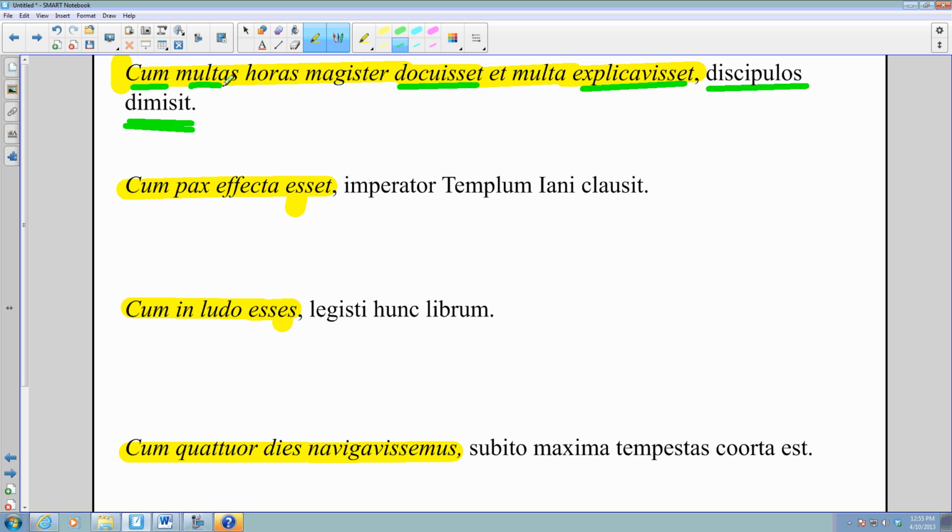We have an accusative of time here, so for many hours, subject, the teacher, had taught and explained. Multa is a substantive, many things. So when the teacher had taught and had explained many things, for many hours is going to have to go with the first verb, because it's not going to make sense at the end. When the teacher had taught for many hours and explained many things, he dismissed the students.